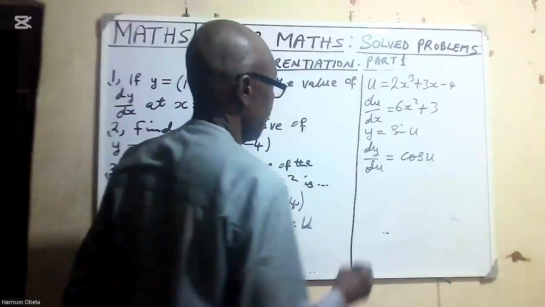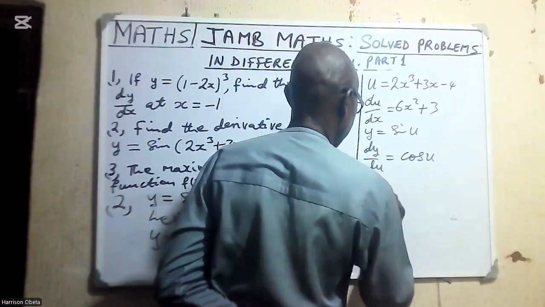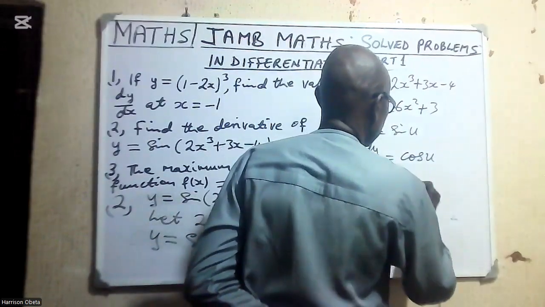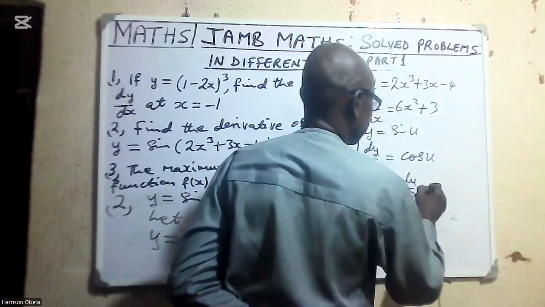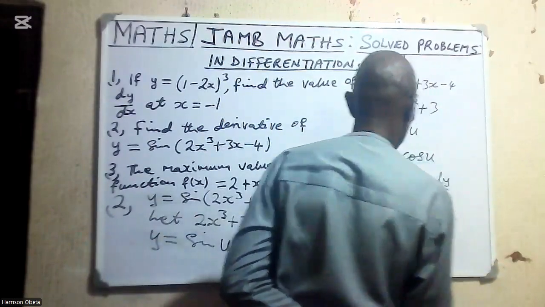So bringing them together, we know that dy/dx equal to du/dx times dy/du.